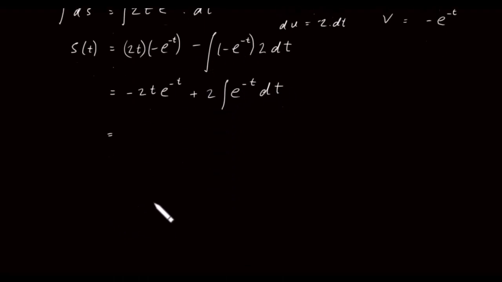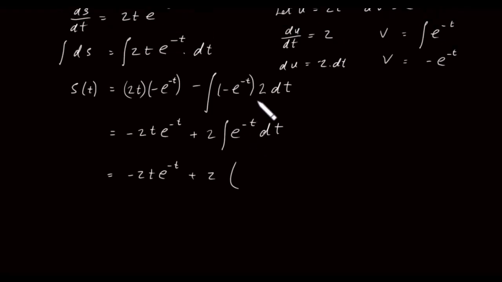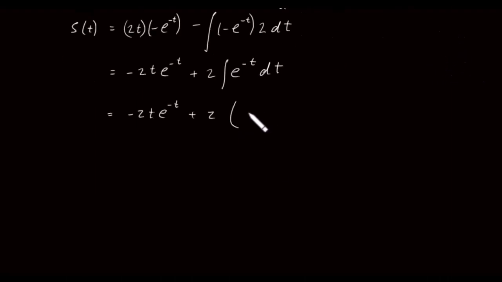Let's do the integral then. We've got minus 2t e to the power minus t plus twice the integral of e to the power minus t. We've done that already up here: e to the power minus t is just minus e to the power minus t. And that's it. Because this is an indefinite integral, we've got to add our constant of integration as well.